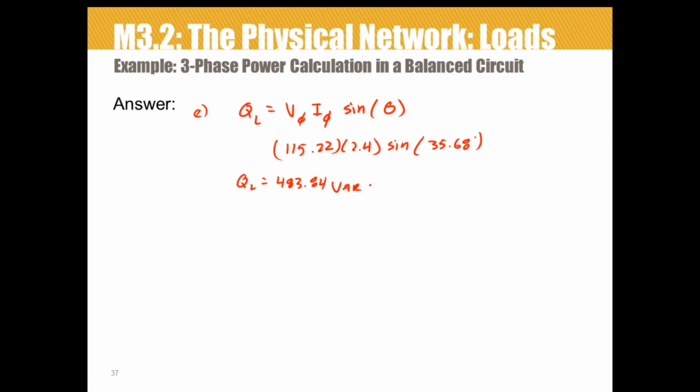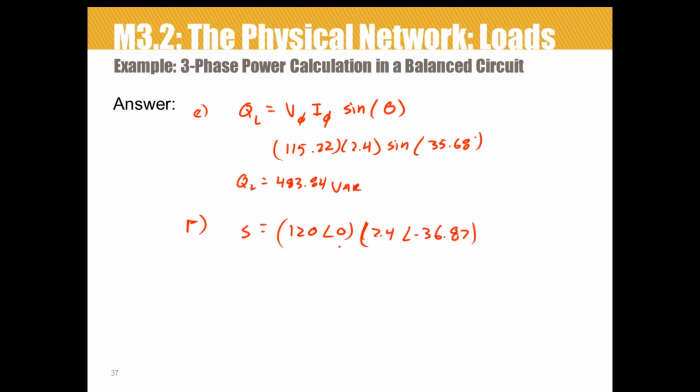Now that's not the total complex power delivered by the source, or the total VARs delivered by the source, because remember we also have the internal impedance of the generator and the impedance of the transmission lines to worry about. So the easiest way to determine total complex power delivered by the source is that S is just equal to 120 in magnitude times 2.4 at an angle of negative 36.87 degrees, right?